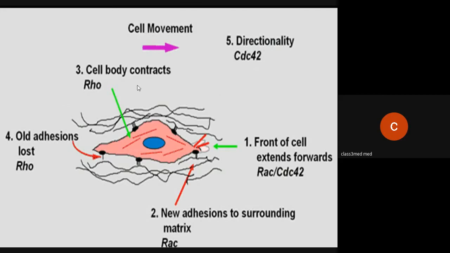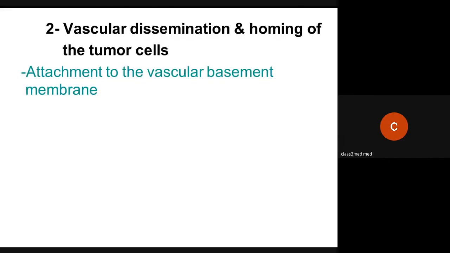Contraction of the cytoskeleton within the cell body requires RHO gene expression. So in each step of the metastasis, the tumor cell needs to express sets of genes to produce sets of proteins.